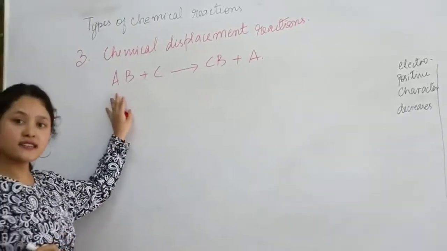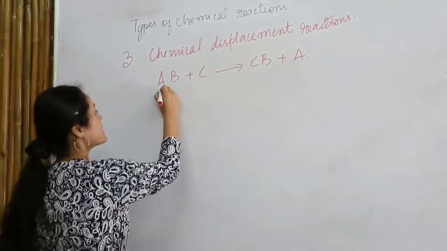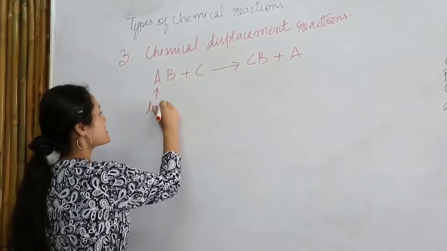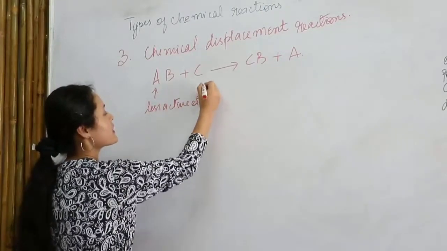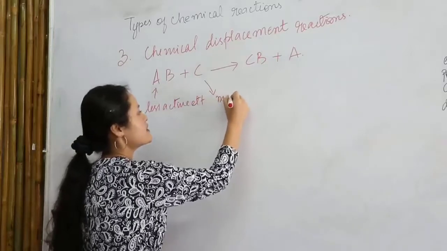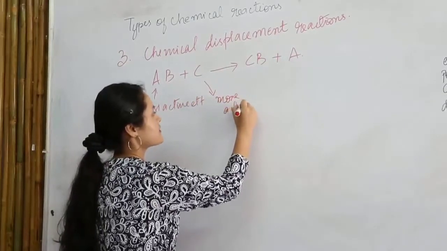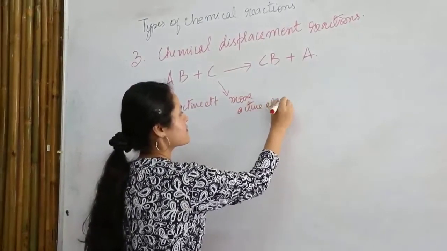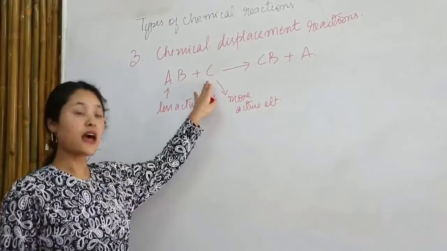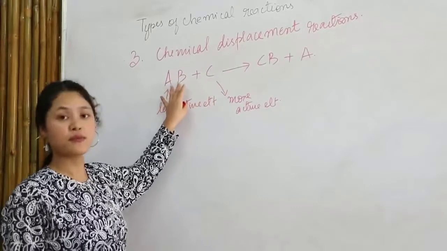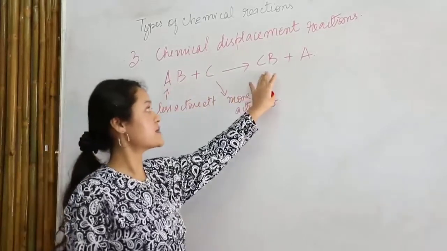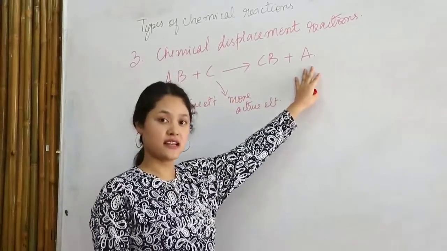Suppose in this compound AB, A is a less active element, and C is a more active element. Because C is more active than A, C will displace A from AB. So it forms CB and A is the displaced element.